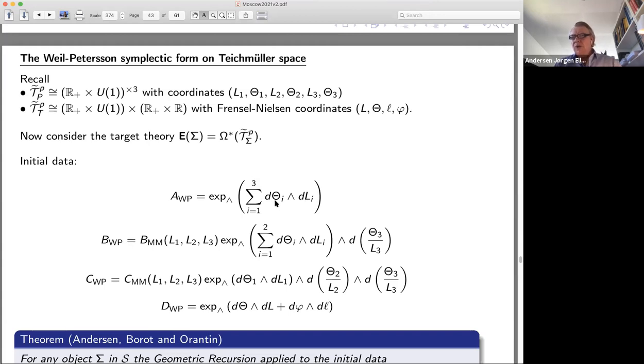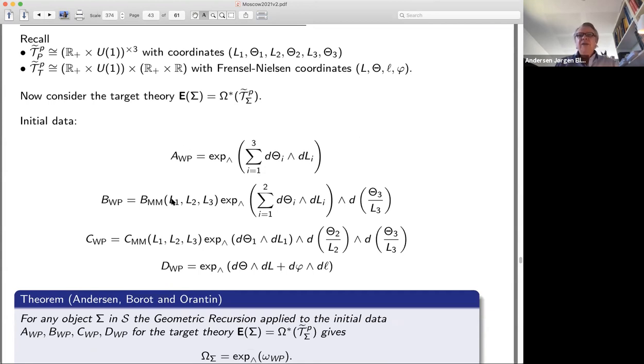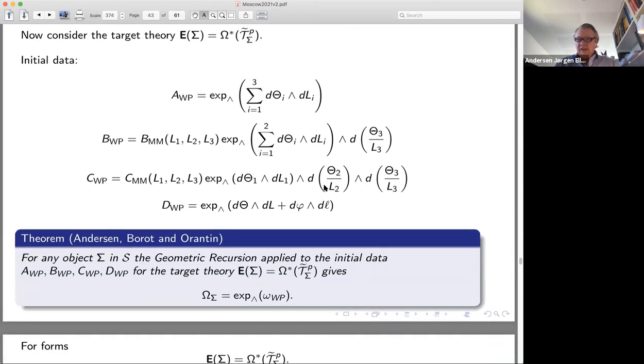And now notice that this is sort of a generalization that really works in this case with boundaries, because I have an even dimensional space, 6-dimensional here. And then I'm claiming that if you take the B from Mirzakhani-McShane and you multiply it onto this form here, where you see I stop at 2 now, so I only do the ones that are common to the boundary, and I do something slightly different on the inner one for B. And for C, I do indeed the same kind of thing.